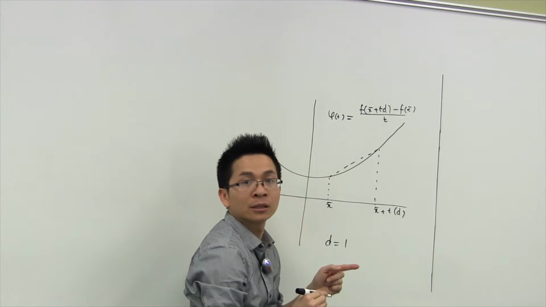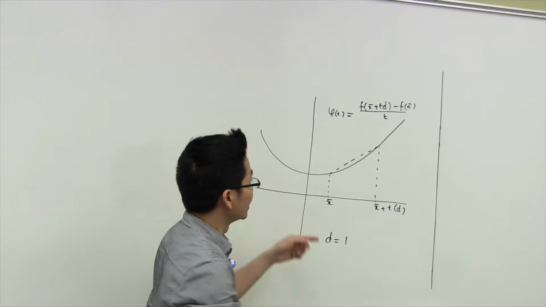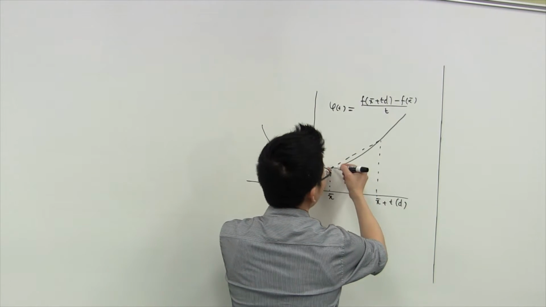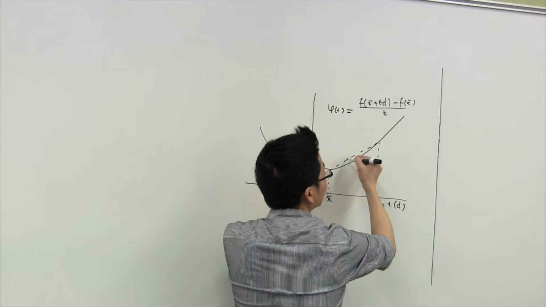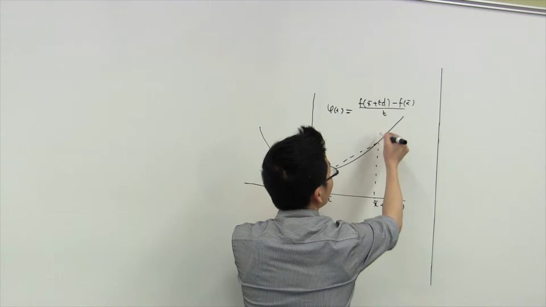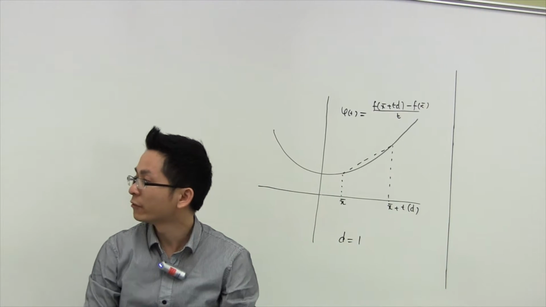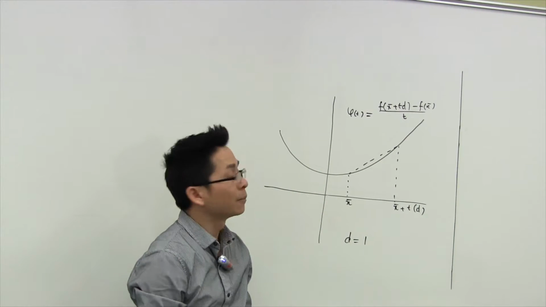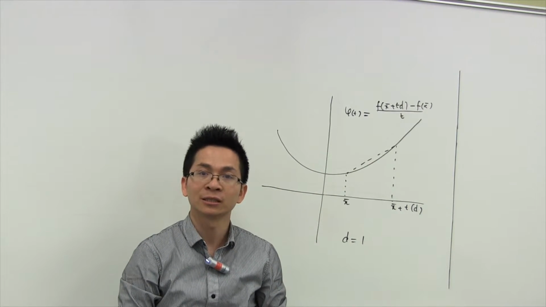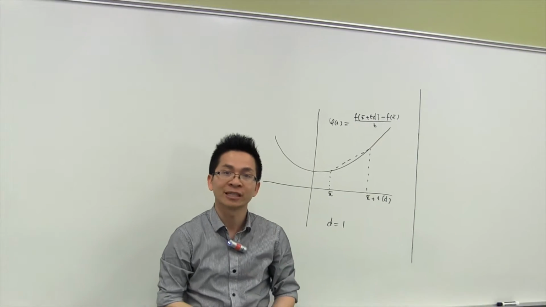this point. And as you can see from here, if t is larger and larger, the slope of this secant line is also larger and larger, and therefore phi is a non-decreasing function. Let me go ahead and give the detailed proof.